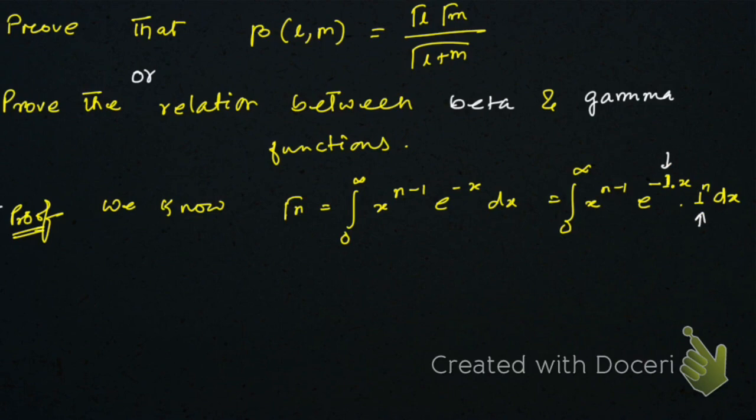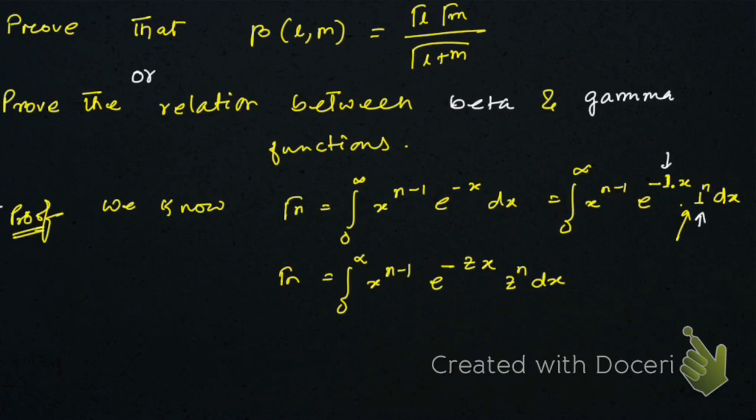So simply we can write this as, suppose, gamma n is the integral from 0 to infinity of x to the power n minus 1 e to the power, suppose instead of 1 we have z x, then this 1 to the power n will be z to the power n, dx, right? So hope you have understood this.